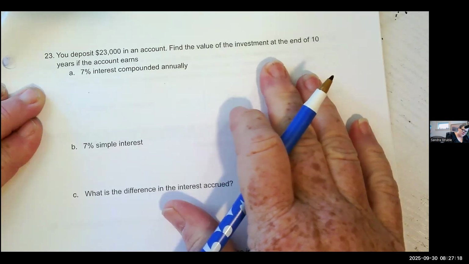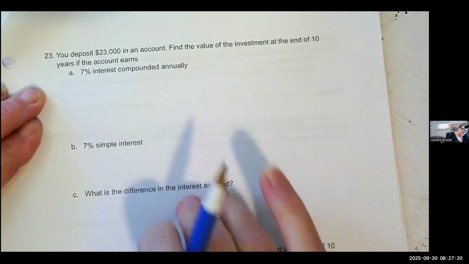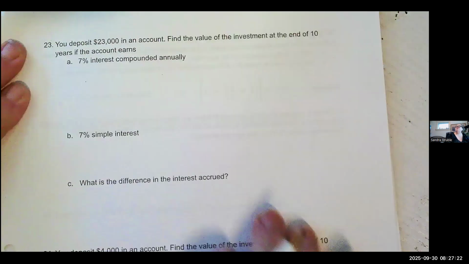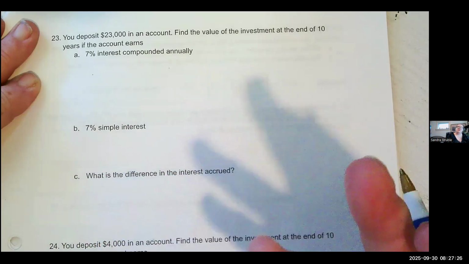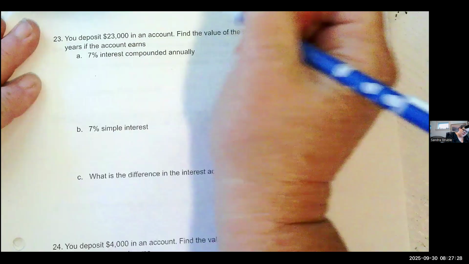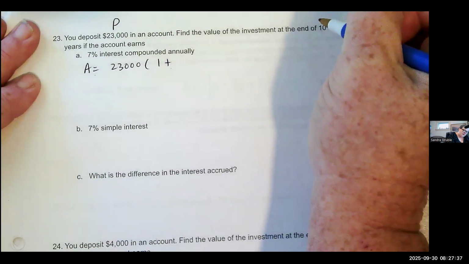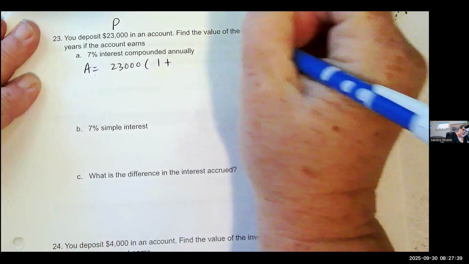Okay, all right, so let's go jump to 23. This is just going to be some practice with the percentages. So it says you deposit 23,000. That's my P. Find the value of the investment in 10 years in the same account, 7% compounded annually.